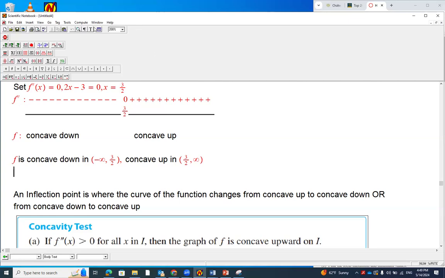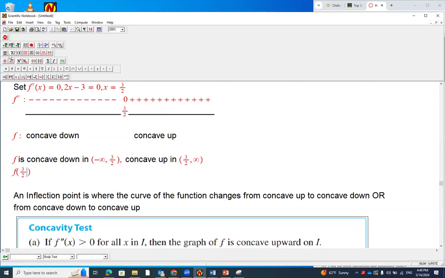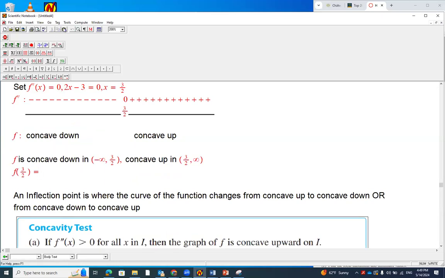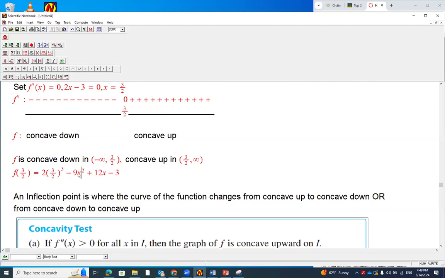In order to find that point, we have to plug this number, 3/2, into the original function. So we're going to replace x by 3/2 in all of these cases.